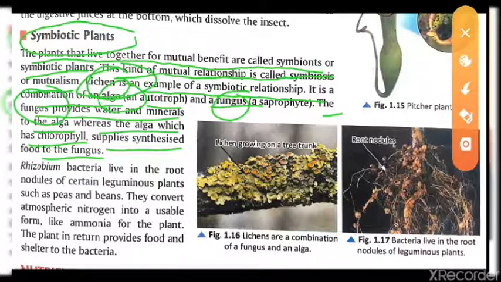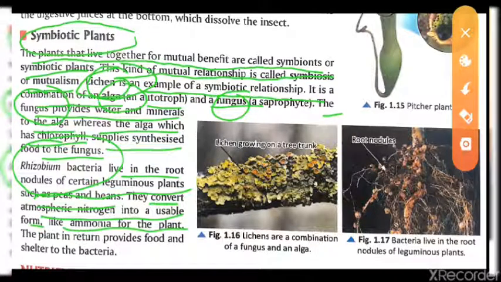One more example we have: rhizobium bacteria live in the root nodules of certain leguminous plants such as peas and beans. They convert atmospheric nitrogen into a usable form like ammonia for the plant. The plant in return provides food and shelter to the bacteria. Have you heard about the methi plant? If you have, you might have heard that they are called nitrogen fixer plants.